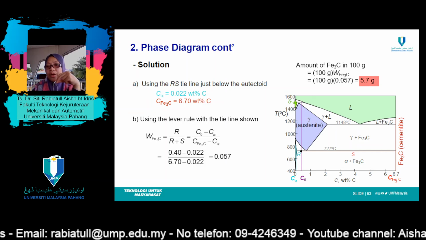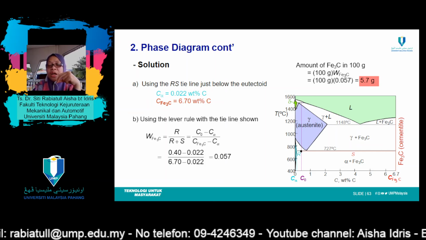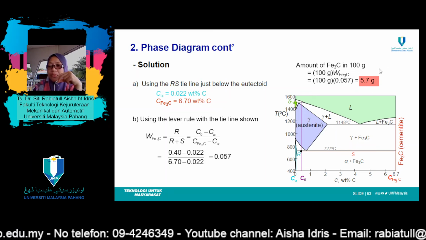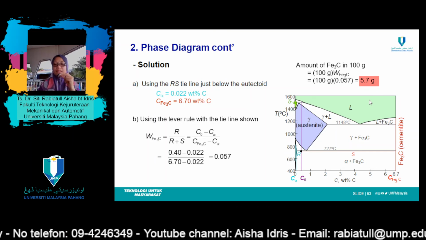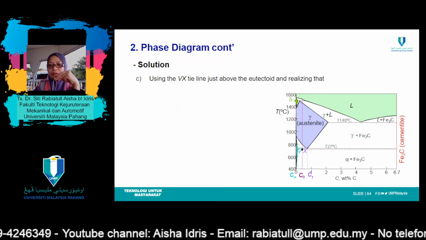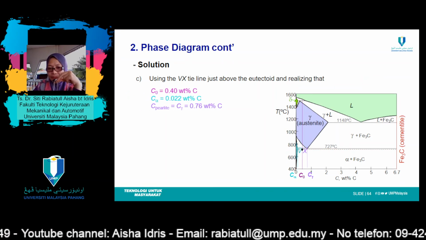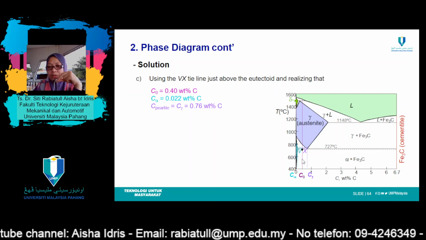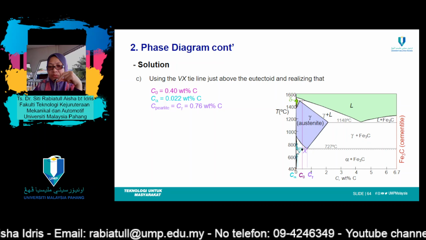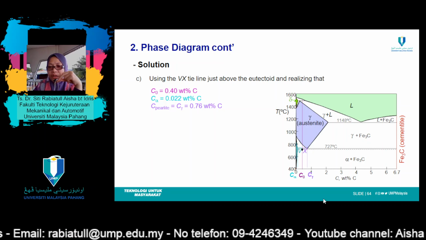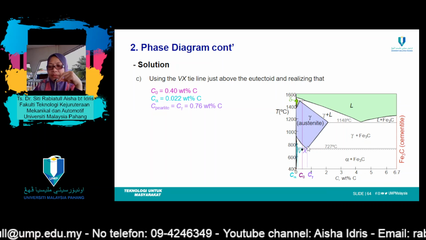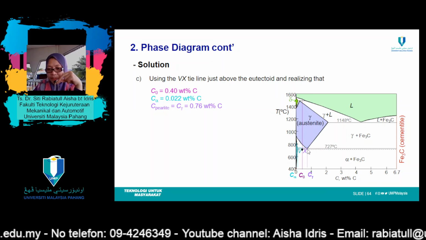Meanwhile, it asks you to find the amount in 100 gram of steel. So times it with 100 gram of steel, you should be able to get 5.7 gram of cementite in 100 gram of steel. For C naught equals 0.4 weight percent, C alpha 0.022, and C pearlite or gamma equals 0.76, this point.